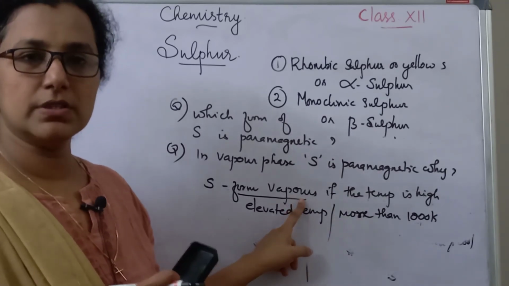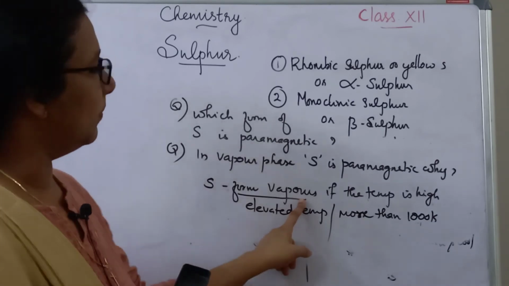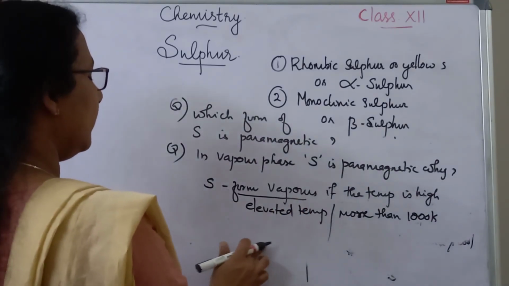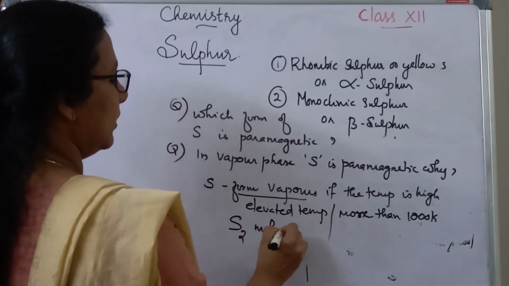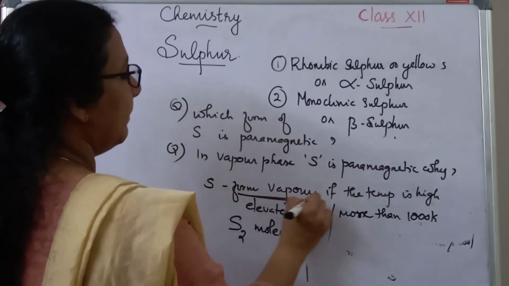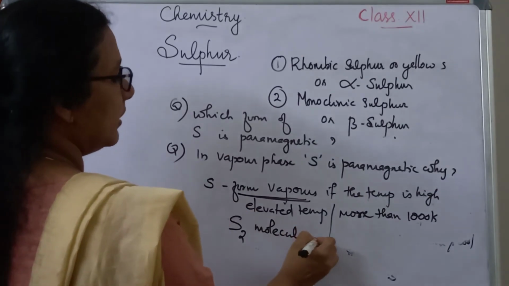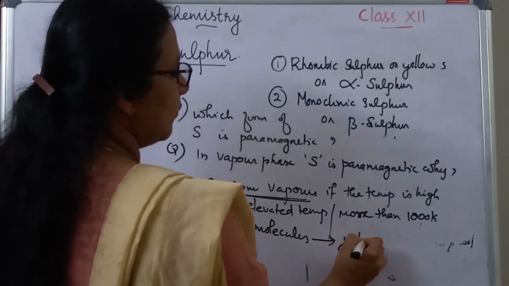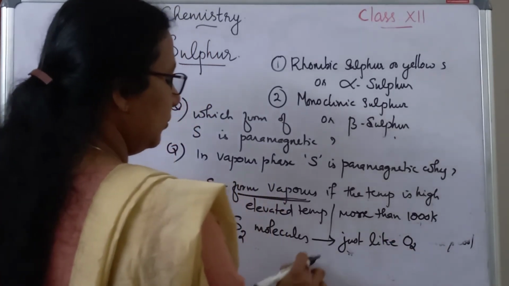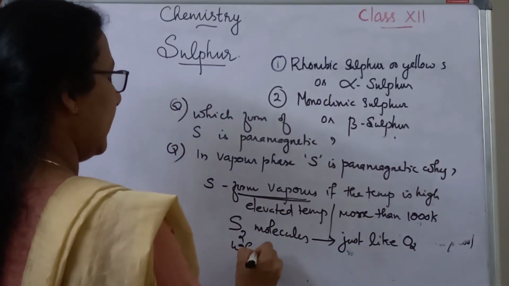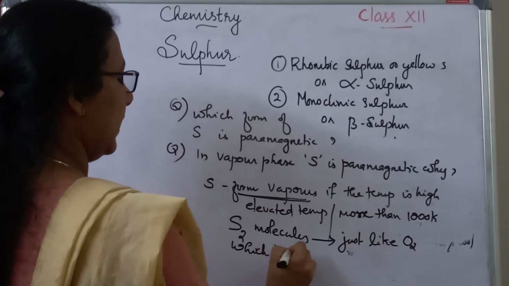Sulfur vapors are formed when the temperature is high, and sulfur exists as the S2 molecule in the vapor phase. S2 molecules are just like the oxygen molecule O2, which is paramagnetic in nature.